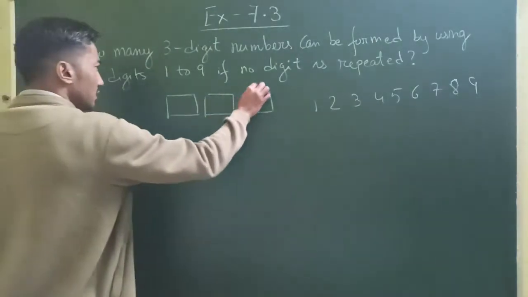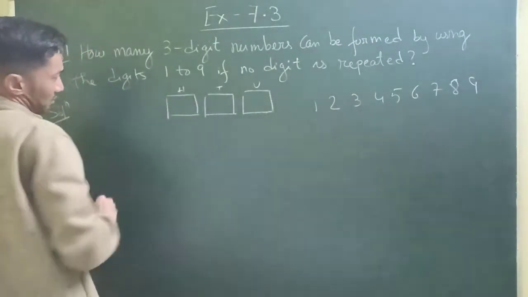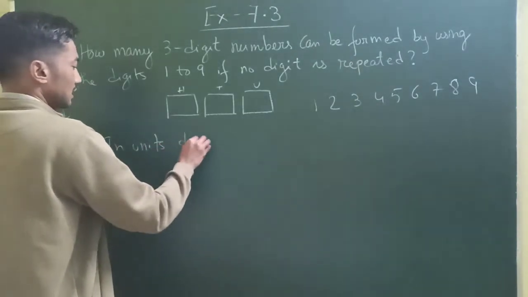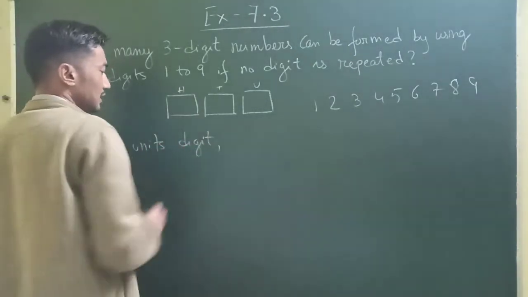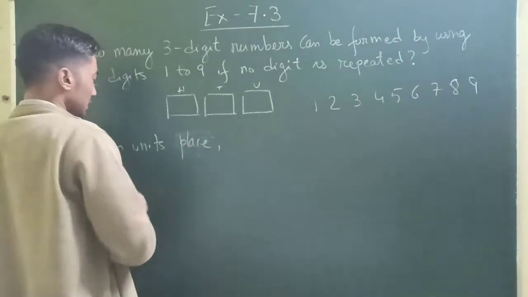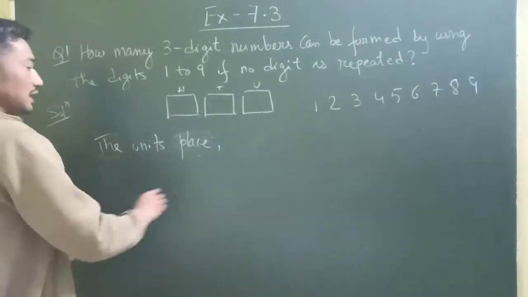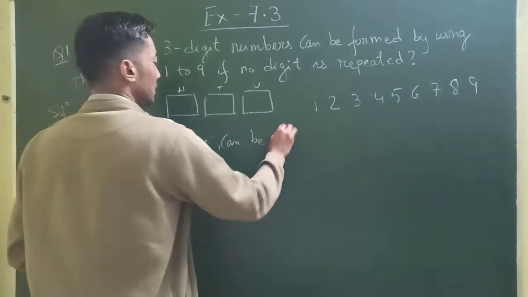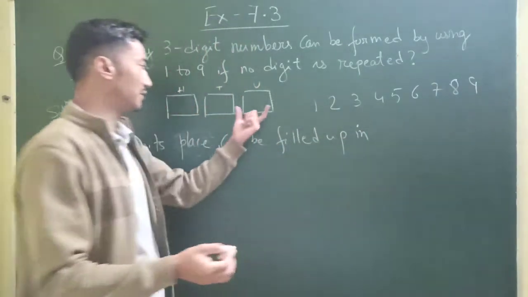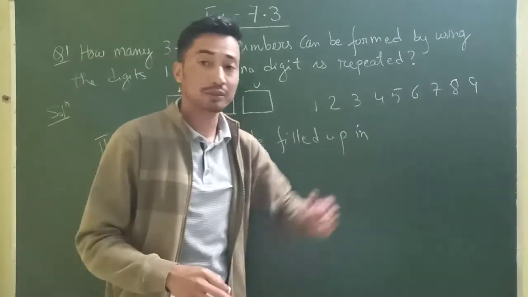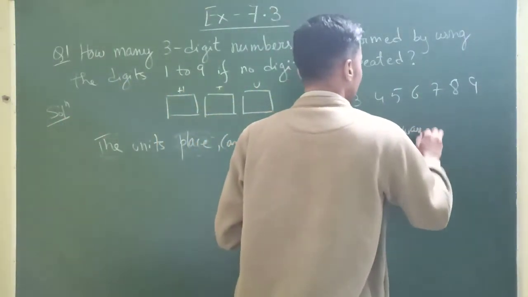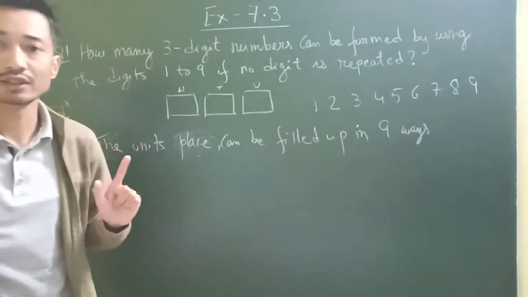Let's say the units digit, tens digit, hundreds place. The units place can be filled up in how many ways? Since it is the first one, no restriction, we have 9 digits with us, so it can be filled in any one of the 9 ways.